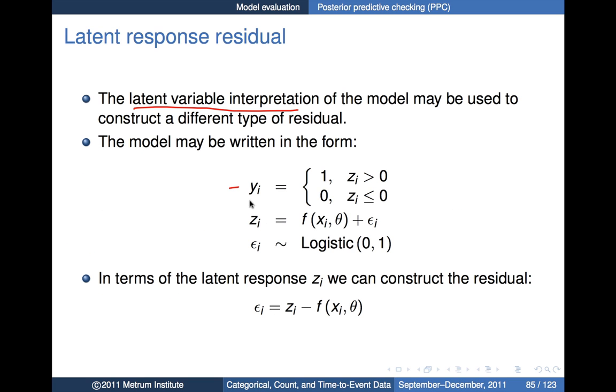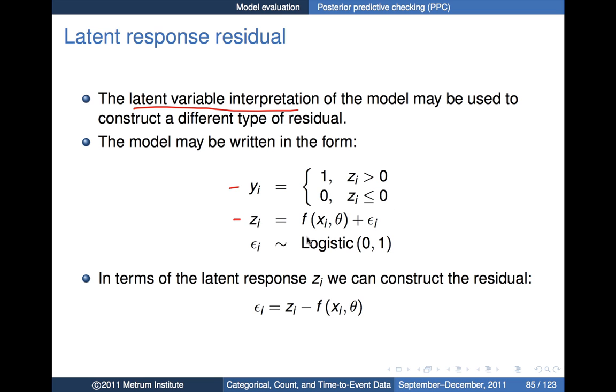Our observed data is written this way. We've got our yi is going to be 1 if our latent variable zi is greater than 0, and yi will be 0 if that latent variable is less than or equal to 0.